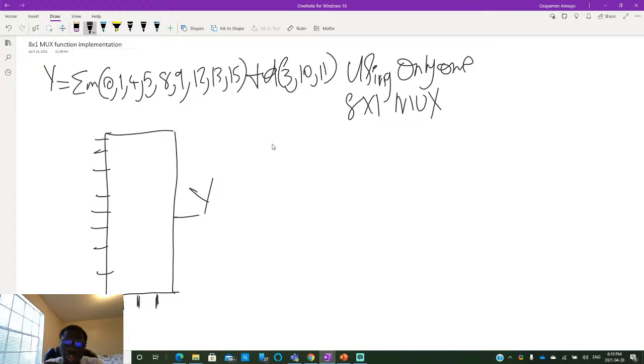Okay, so basically, to implement this function, we're going to have to use a heuristic. Just bear with me here. Okay, so let's say we have this. I would reverse the order just to make it make sense for you guys. Zero.